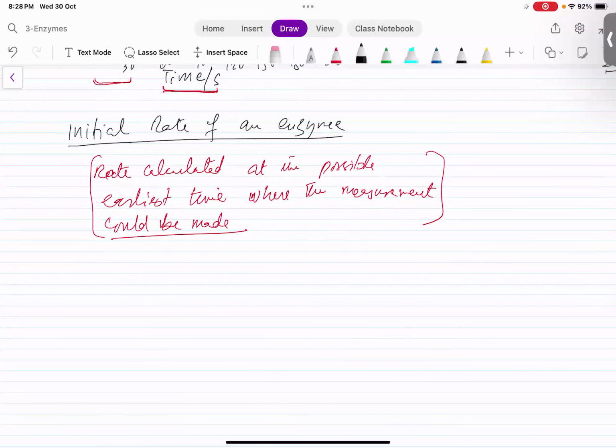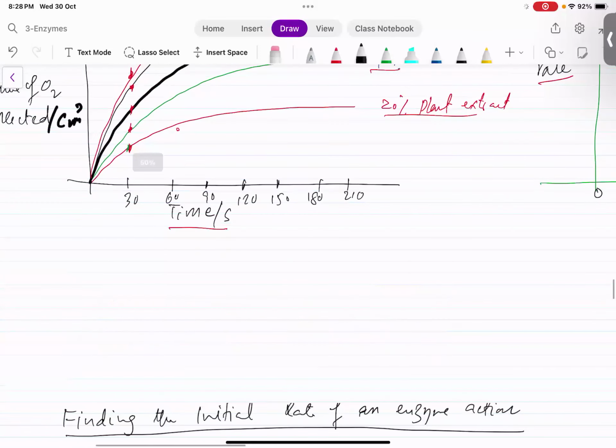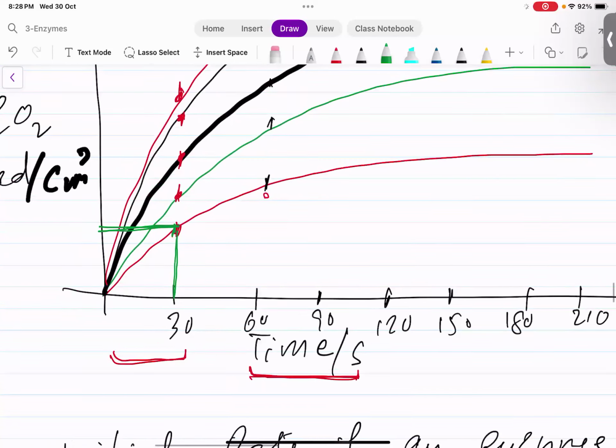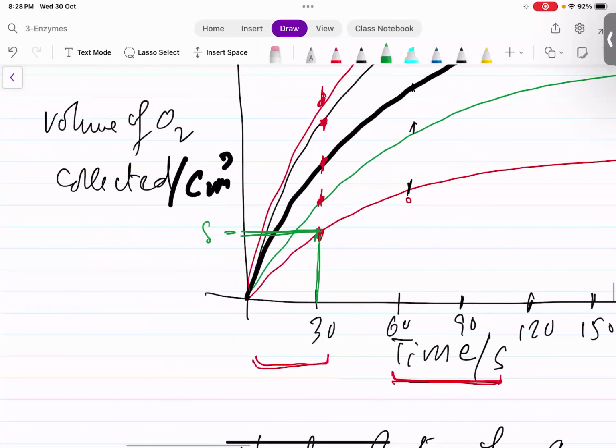Okay, finding the initial rate of an enzyme action. Here it is very simple to just draw a vertical line over this 30 seconds, and then a horizontal line here, horizontal to the x-axis, which cuts at this y, and we can find this value from here, for the volume of O2 produced.